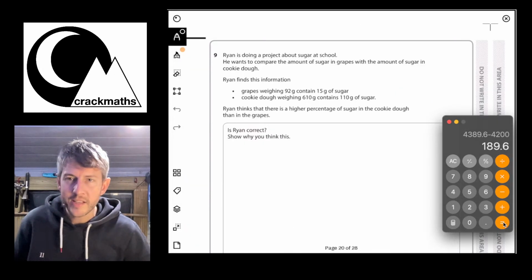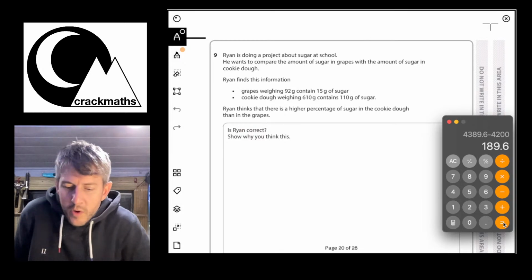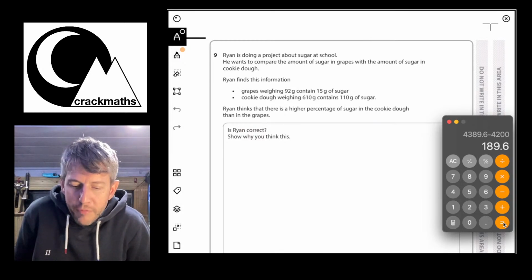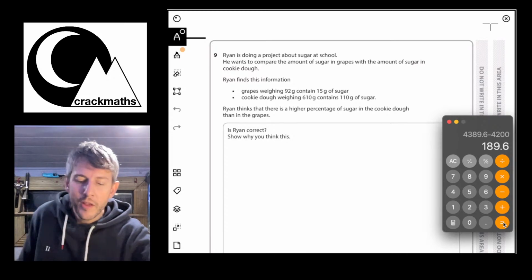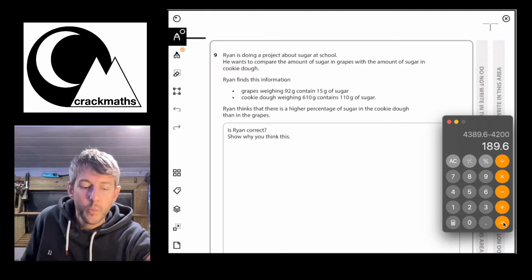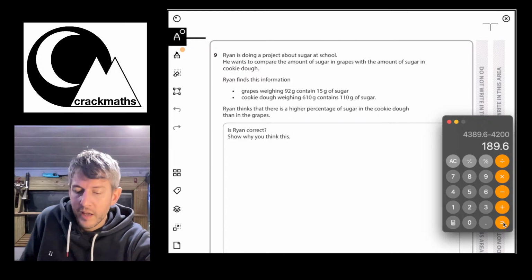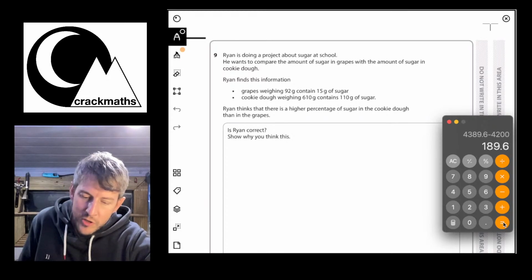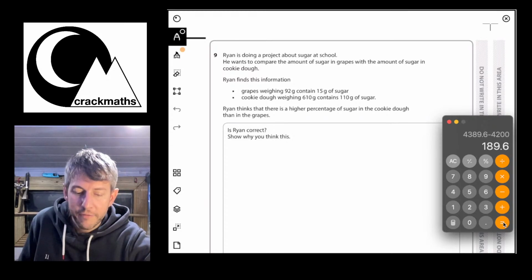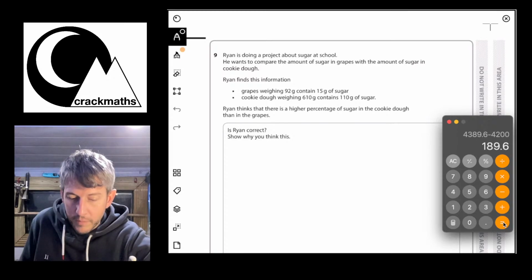Right, let's look at the next one. So for this question, we've got Ryan is doing a project about sugar at school. He wants to compare the amount of sugar in grapes with the amount of sugar in cookie dough. Ryan finds this information. Grapes weighing 92 grams contain 15 grams of sugar. Cookie dough weighing 610 grams contains 110 grams of sugar.